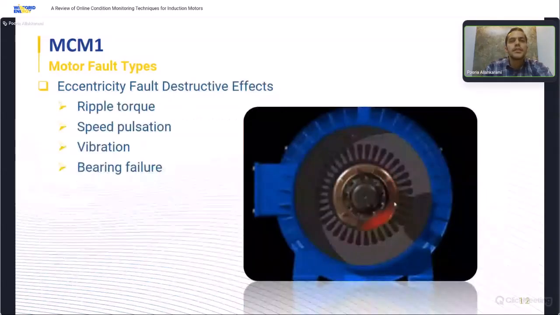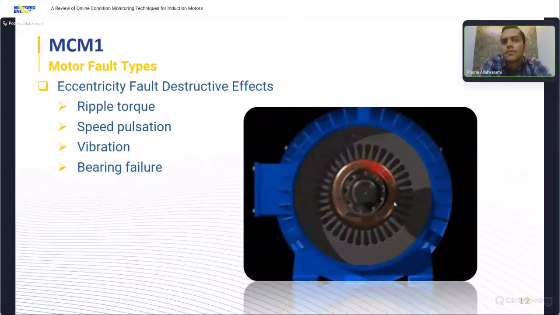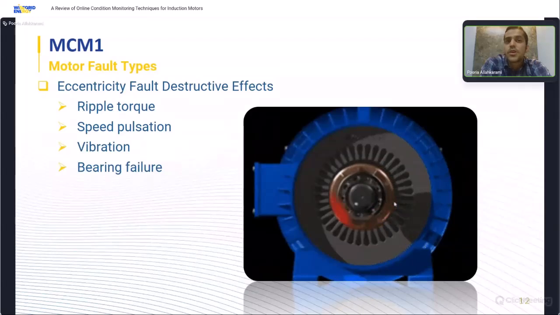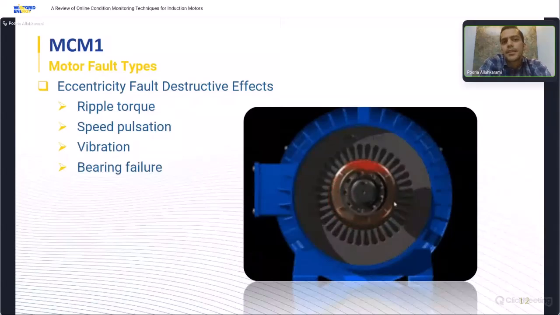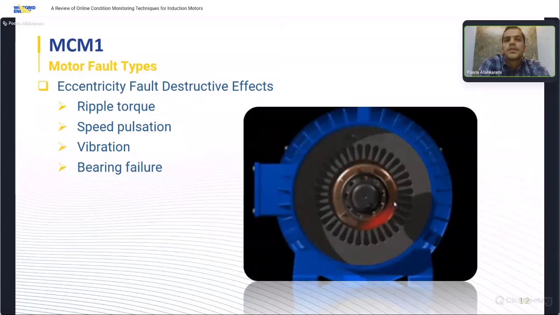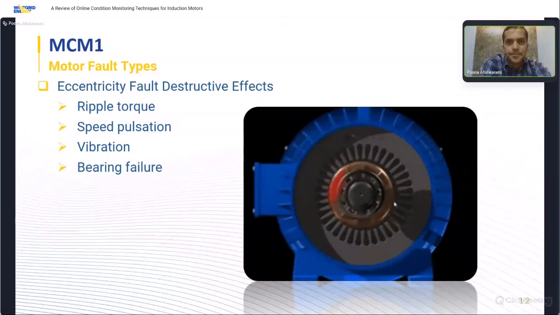So air gap asymmetry leads to unequal magnetic pull between the rotor and the stator. It is stronger on the side where the air gap is reduced and weaker on the opposite side. This magnetic pull variation causes torque ripple and increased vibration, which places extra stress on other components such as bearings or the bearing housing, reducing their operational lifetime.